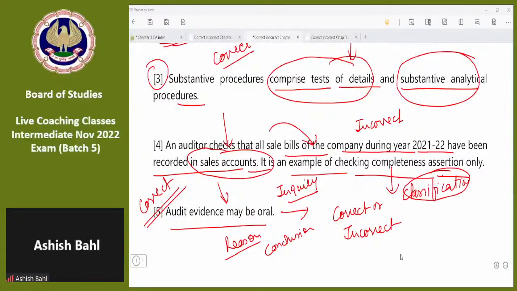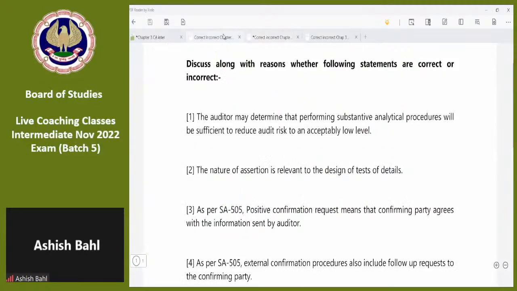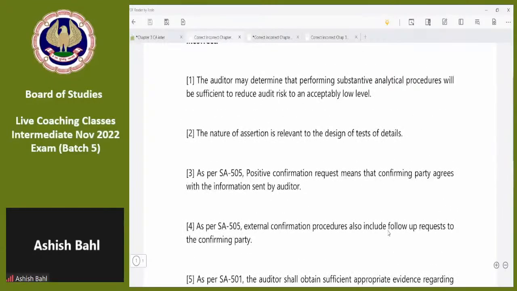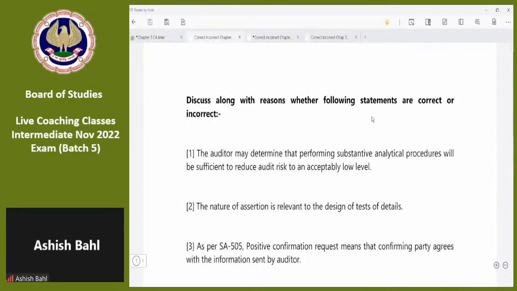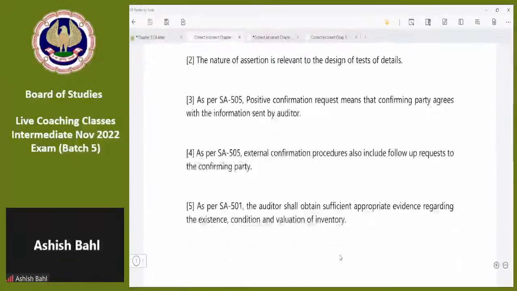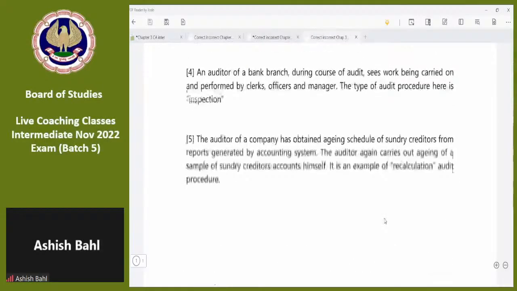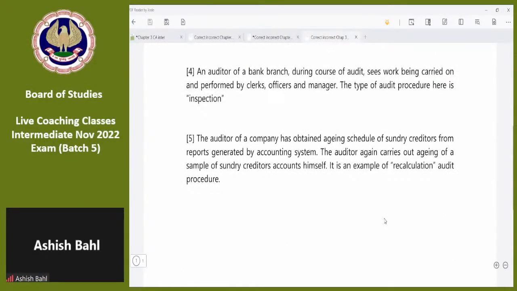Two more MCQs we will be doing. Yes, these two.